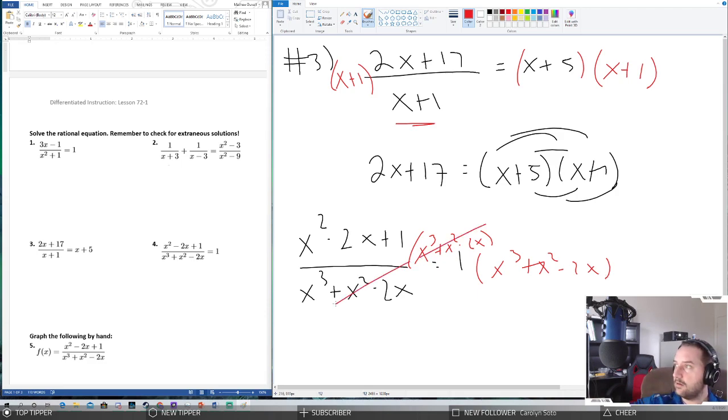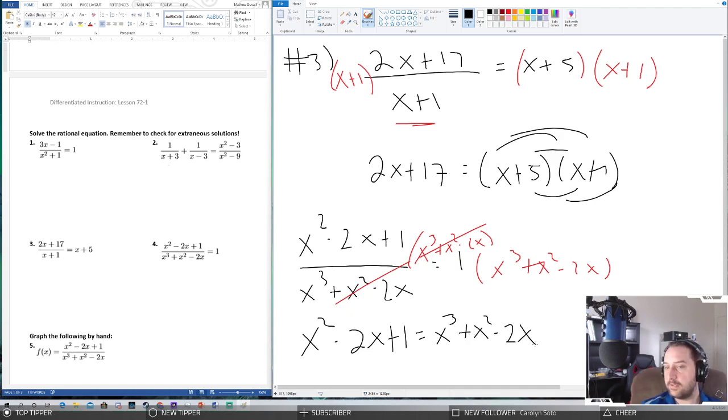And then you're going to be left with x squared minus 2x plus 1 equals x cubed plus x squared minus 2x. And you can solve it that way. And then because it is cubic, we're probably going to have to do p's over q's since it's a polynomial to be able to find what those solutions are. And then you have to go back through and test them.